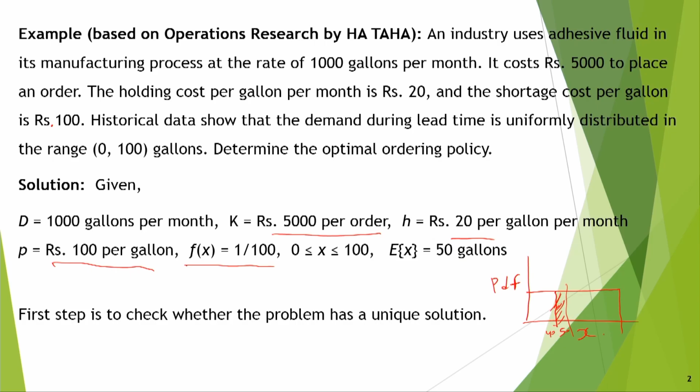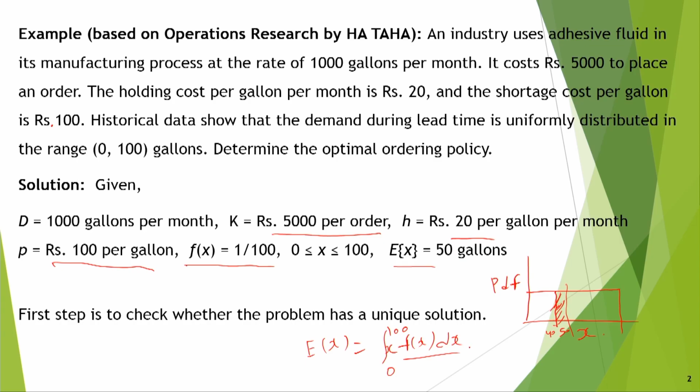Now the question is, what is the expected demand? Expected demand, or we can also say the mean, in the uniform distribution case will come to 50 gallons. How will you find it? E(x) can be found as the integration between 0 to 100, because demand is in that range, of f(x) into x dx.